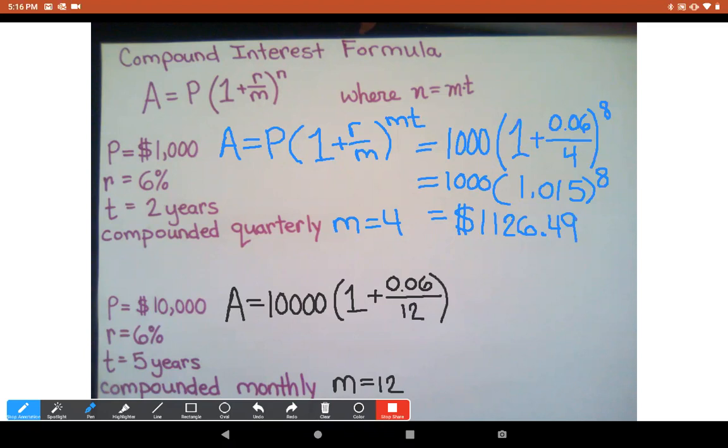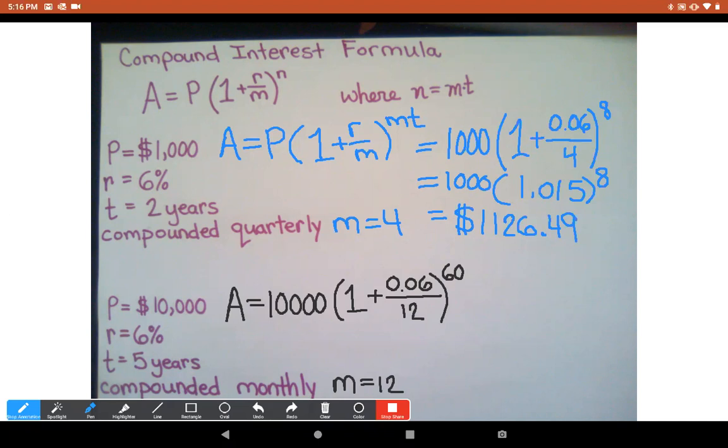The exponent is 12 times 5, which is 60. So this money stays in the account for 60 compounding periods.